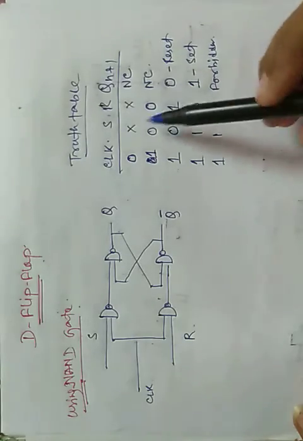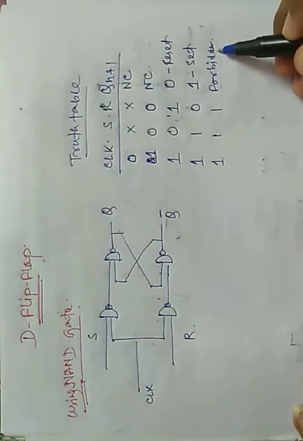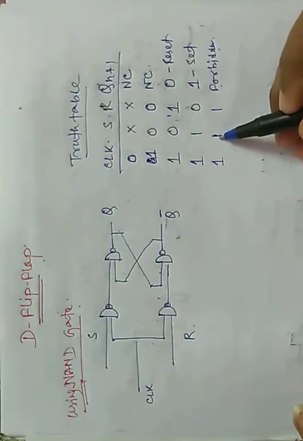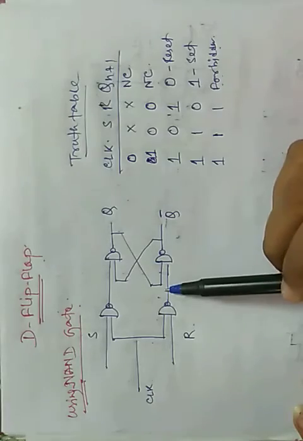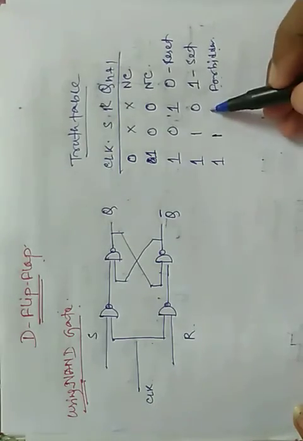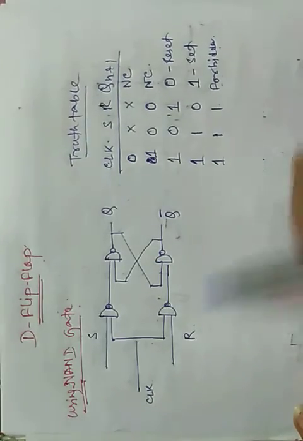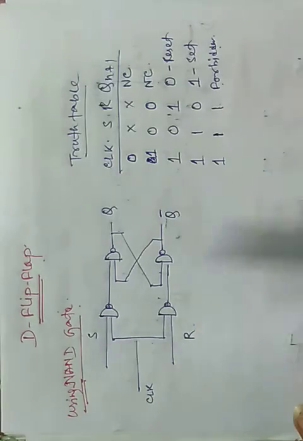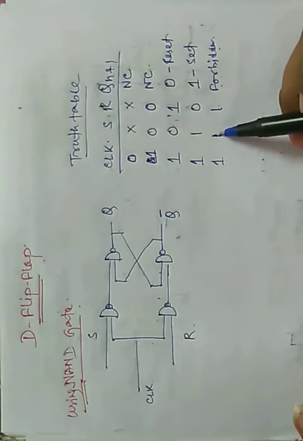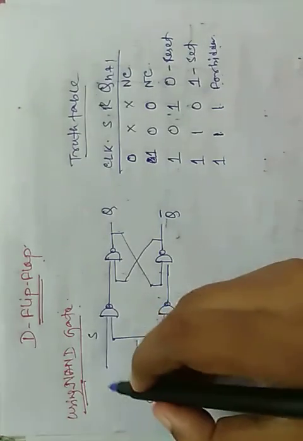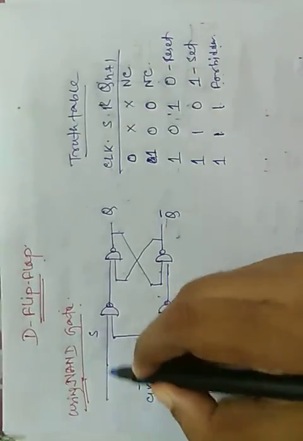In order to avoid this forbidden state, we have to draw a circuit. We have to make a change in this circuit so that this condition will never arise. That is, both the inputs will never be the same value. So what shall we do?